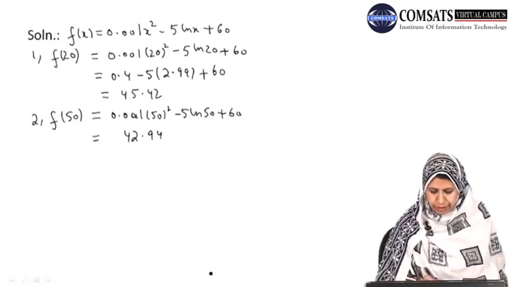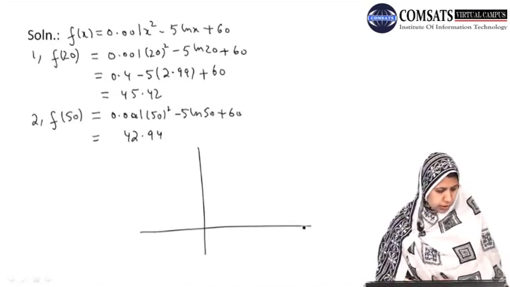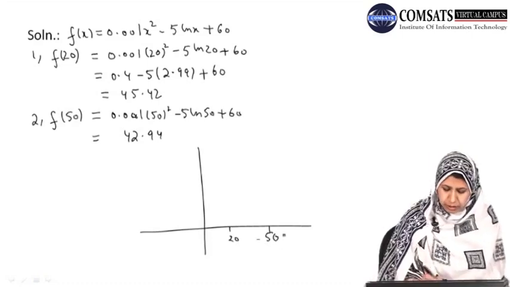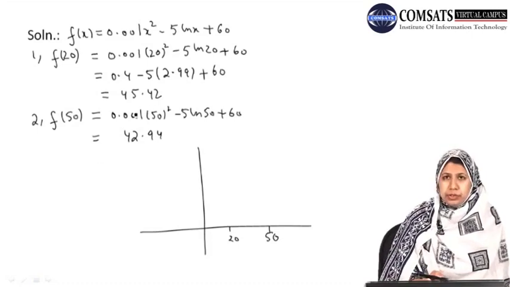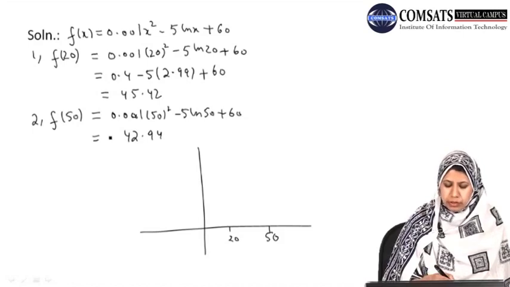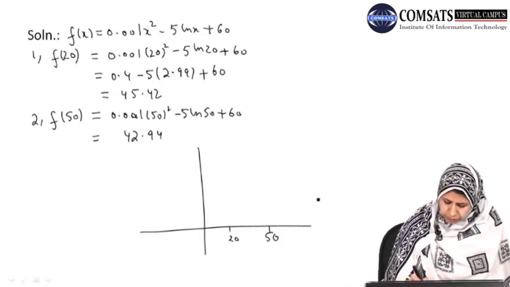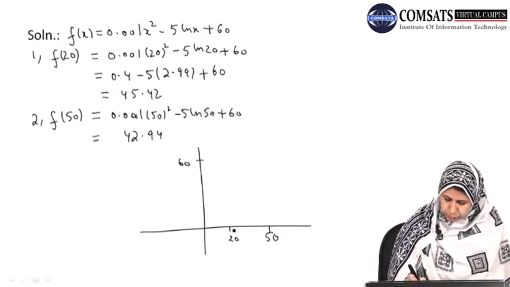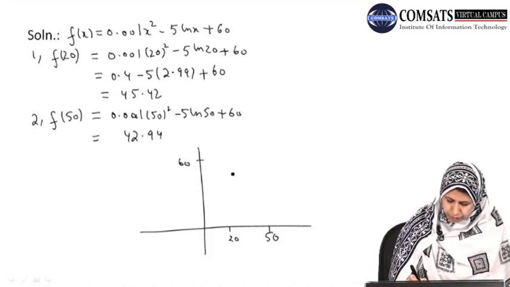And the graph of this function, if this is 20, this is 50, then when x equals 1, natural log of 1 will be 0, and we will obtain some value very close to 60. For the case of 20, this is 45.